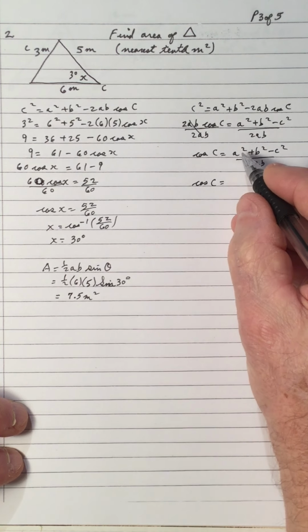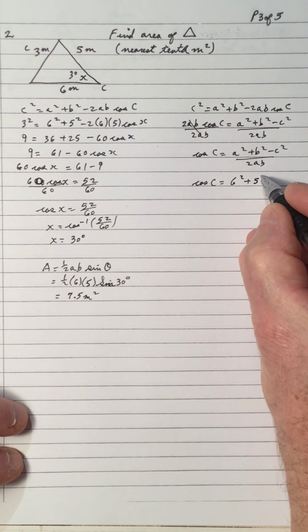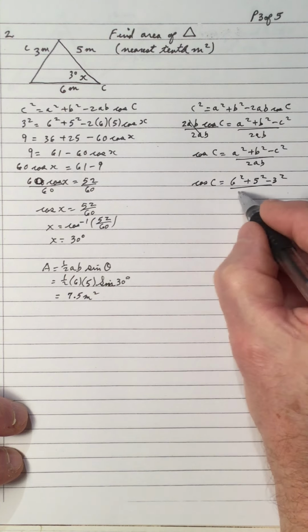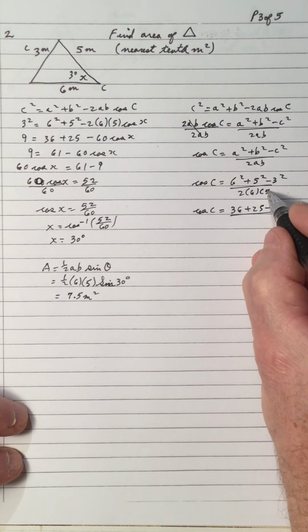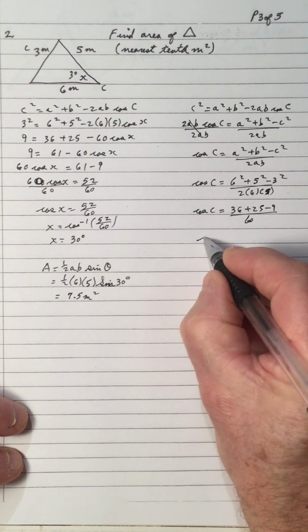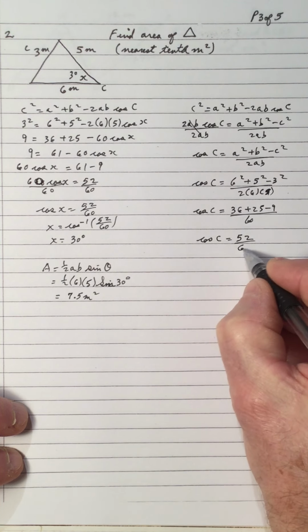Now we can plug in what a is, which is 6, what b is, which is 5, and c is 3. So cos C is 36 plus 25 minus 9 over 2 times 6 times 5, that's 60. So cos C comes out to be 52 over 60.